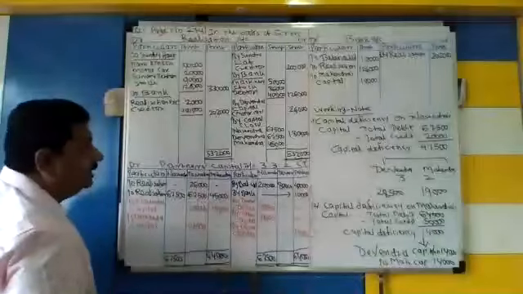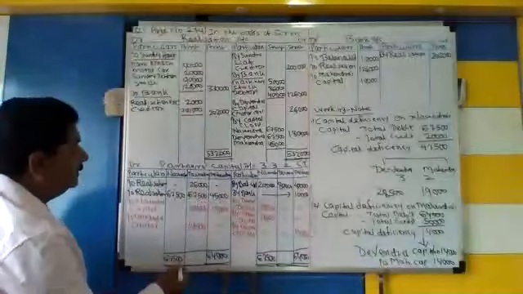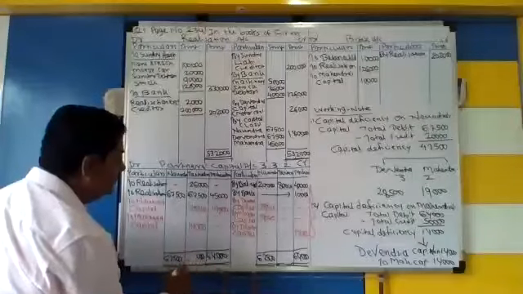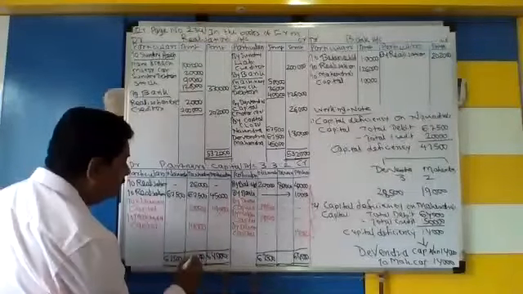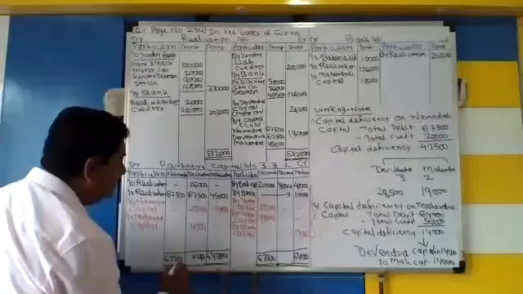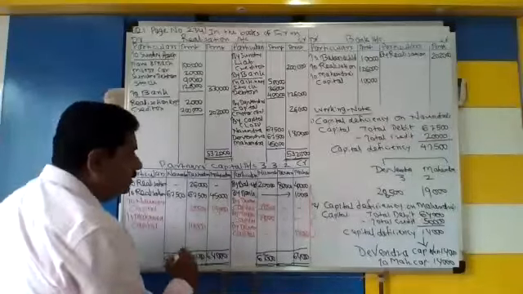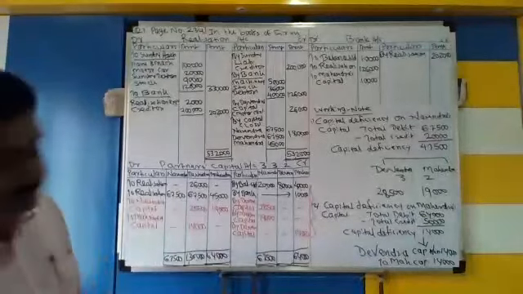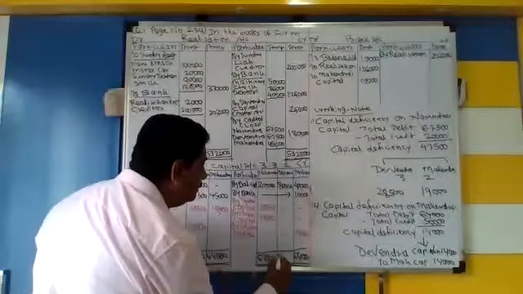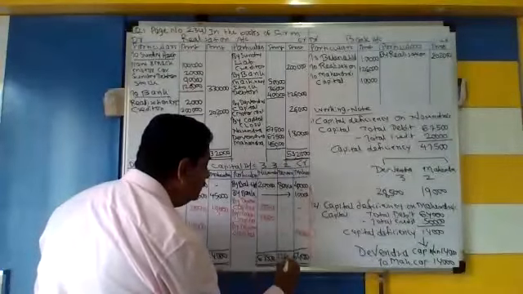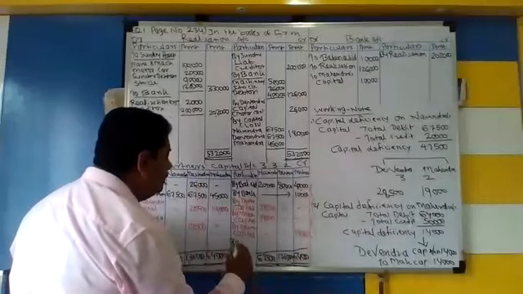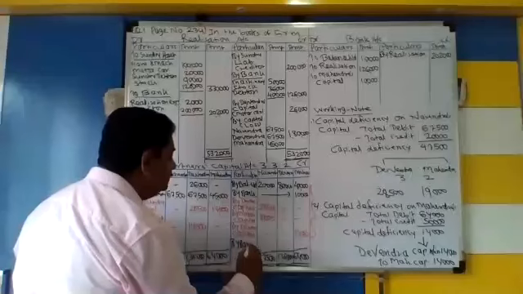For Devendra, you can observe that debit total is more, which is 1,36,000. And now he is supposed to bring the money to close the business.